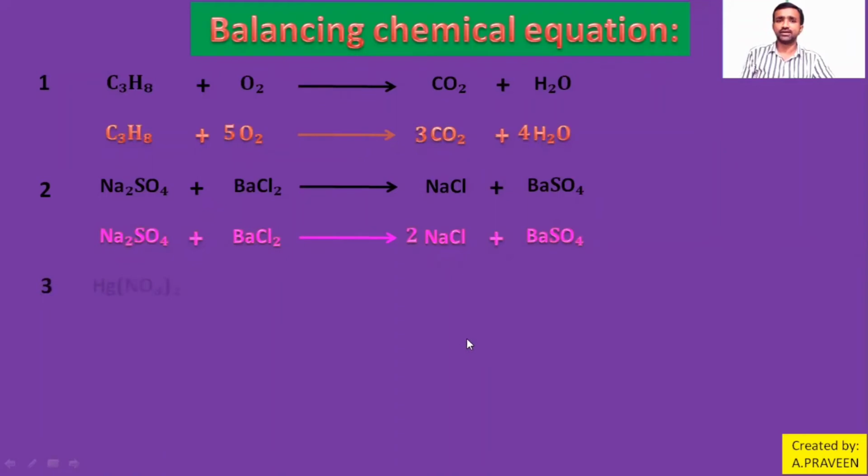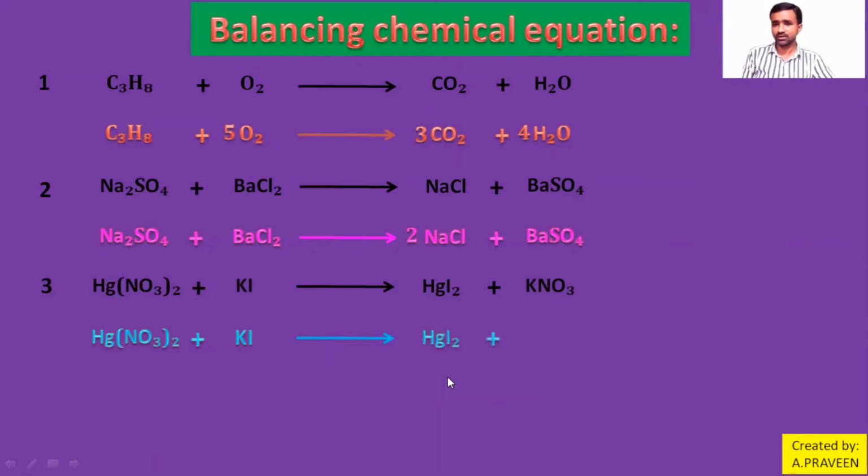That is the reaction of hydrogen nitrate with potassium iodide to produce hydrogen iodide and potassium nitrate. Let me copy this equation again to balance it without using the table.